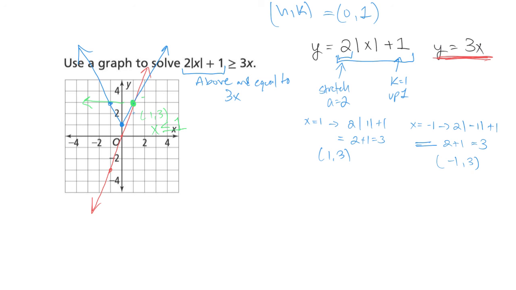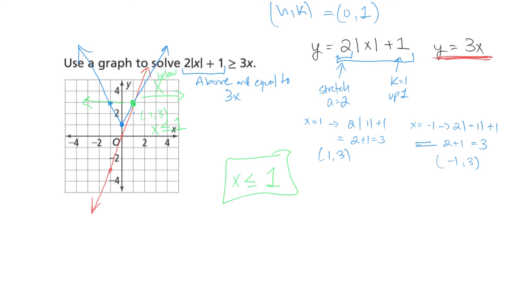As it goes to the right, we can see the red graph is actually above the blue graph, so no, this is below. So it only works for every x value that's less than or equal to 1 for 2 times the absolute value of x plus 1 when it's above or equal to the graph of 3x. So our solution is x is less than or equal to 1.